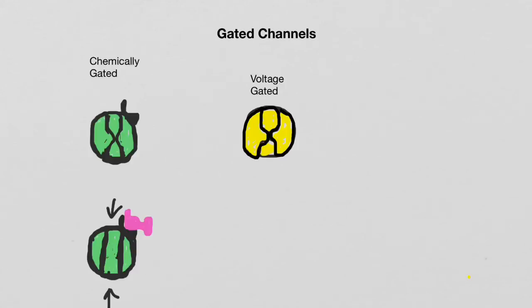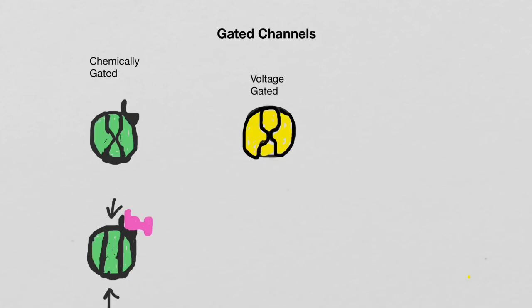The next type of gated channel is a voltage-gated channel. And voltage-gated channels are going to open in response to changes in voltage. So if normally this channel is closed at, say, negative 70 millivolts, it might open when the voltage is negative 55 millivolts.